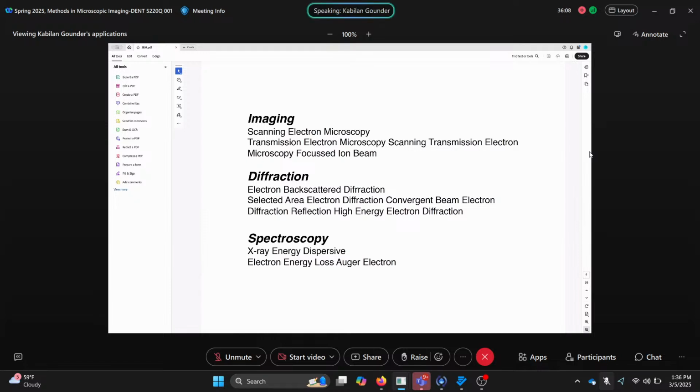Mainly we can see two different diffractions: one is backscattered electron diffraction, and the other one is selected area electron diffraction. And also spectroscopy, X-ray energy dispersive and electron energy loss. You can attach these signals to the scanning electron microscope, and you will analyze all these details.